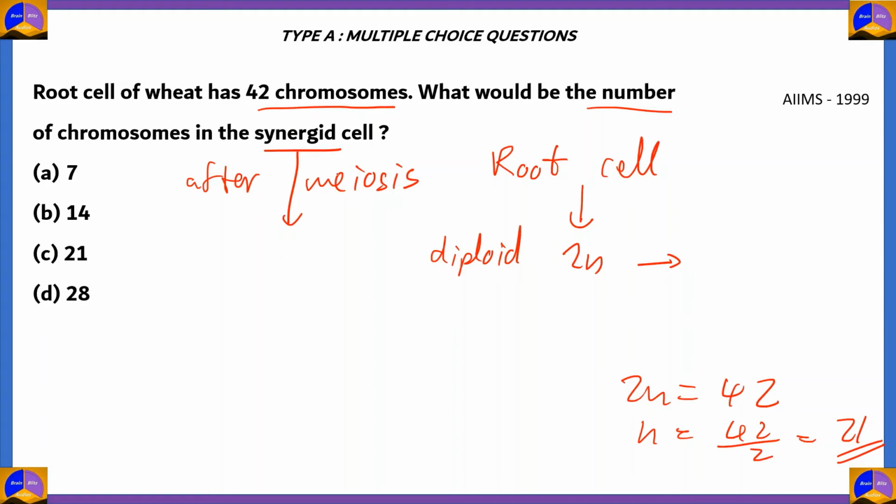So Synergid cell is formed after meiosis, and therefore the ploidy of a Synergid cell is N. It is a haploid cell. So the right amount of chromosomes in a Synergid cell would be option C, 21. Because if 2N gives you 42 chromosomes, then N has to give you half that number, that is 21 chromosomes.